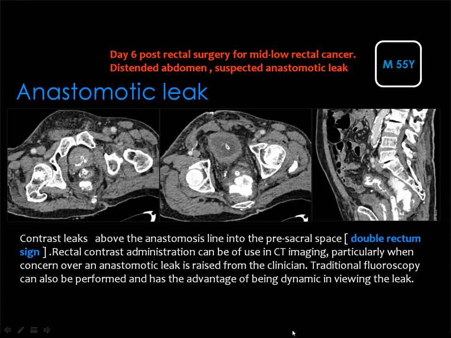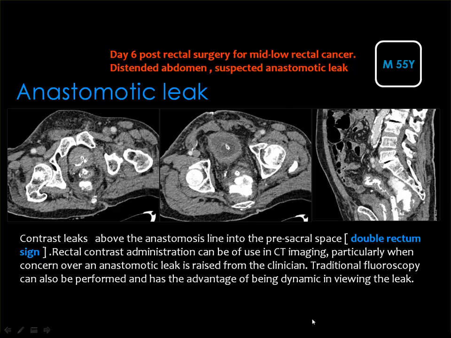Another appearance of anastomotic leak is known as the double rectum sign, where you have a lesion which simulates a rectum in the presacral space, and anterior to it you can see the original rectum. Here is the nozzle for injecting contrast material, this is the rectum, and this is the presacral leak.